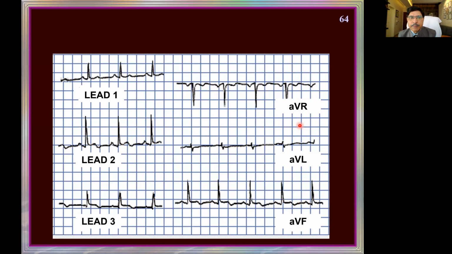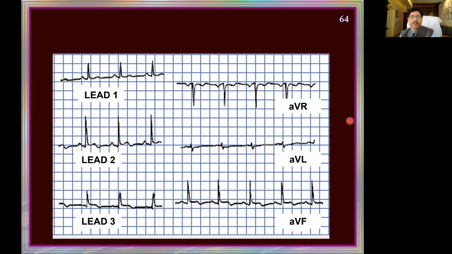Now, you tell me what is the axis in this ECG. What leads I have to look at? L1, L2, L3, AVF. AVL and AVR are not my concern. I am only interested to look at L1, L2, L3 and AVF. All the 6 limb leads are given to you, but concentrate on L1, L2, L3 and AVF.